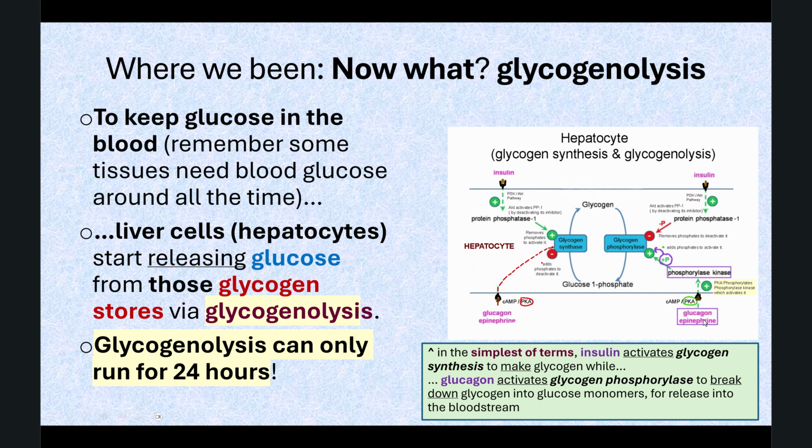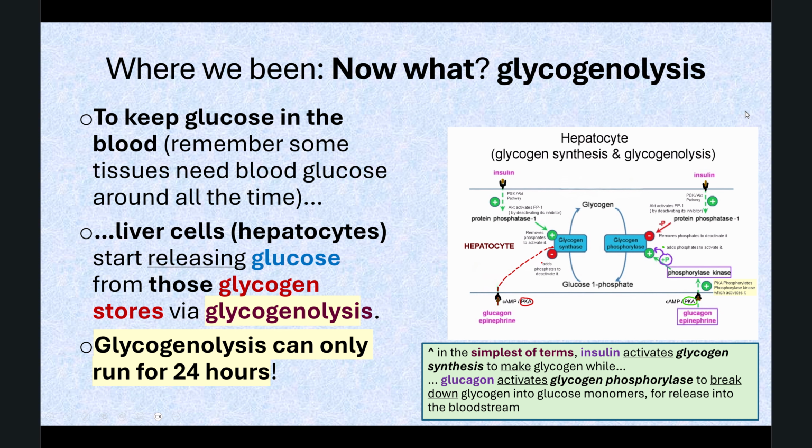Glucagon binds to the cell membrane and triggers a different second messenger system, the cyclic AMP PKA system. PKA will stimulate phosphorylase kinase. Phosphorylase kinase will phosphorylate, not remove, phosphorylate glycogen phosphorylase, and that activates it, and then it does its thing. It starts breaking down glycogen.